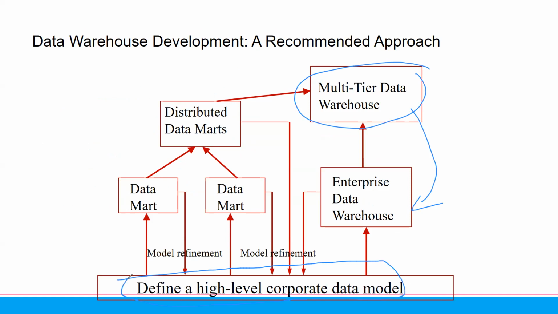After we have this high-level corporate model, we can update the enterprise data warehouse, or we can use another format. So we have the data mart, and once we refine the model more, we can make the data marts, and we can do the distributed data marts for the data warehouse.